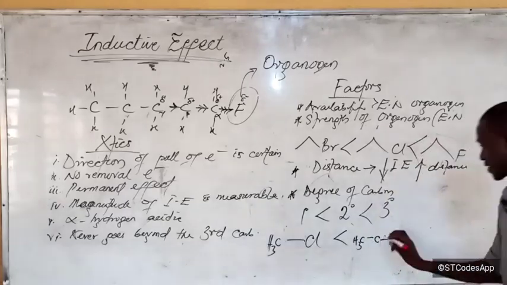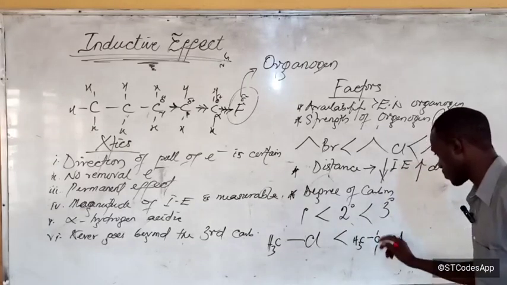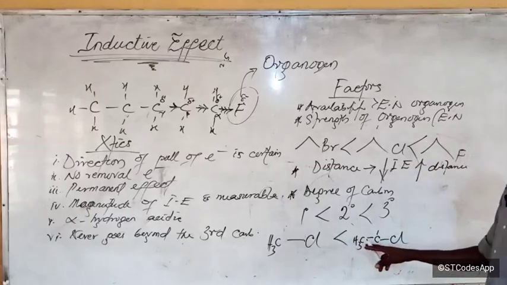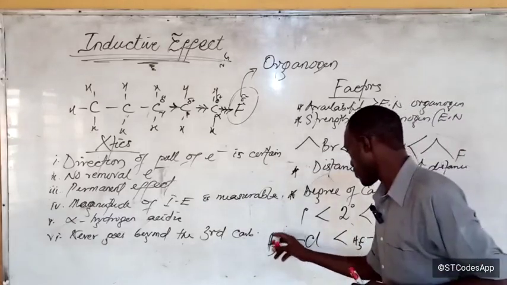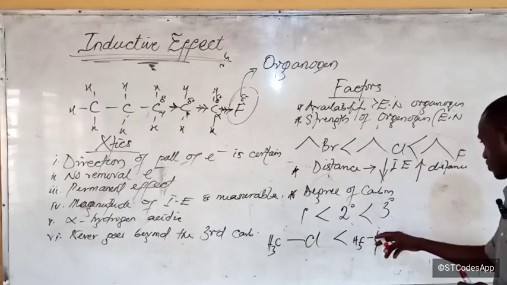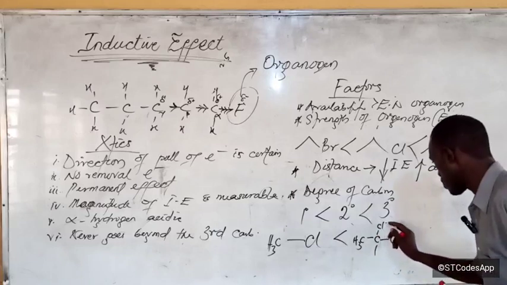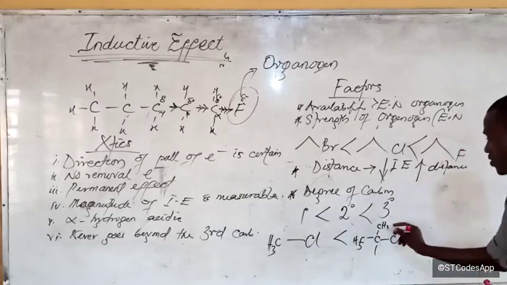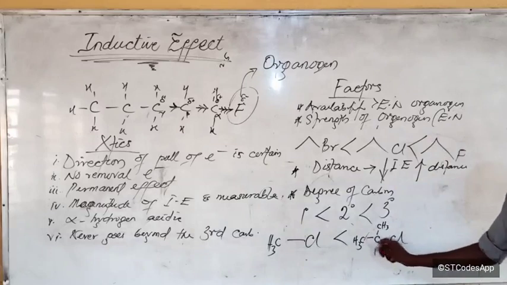Why is this carbon called a secondary carbon? Because it's attached to another carbon. This is called a primary carbon, and this is called a secondary carbon. It is called a secondary carbon because it's attached to two other carbon atoms.